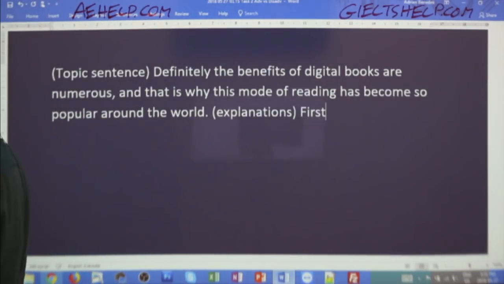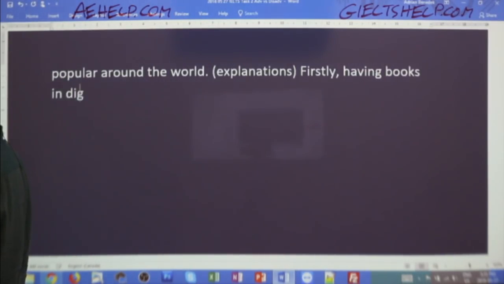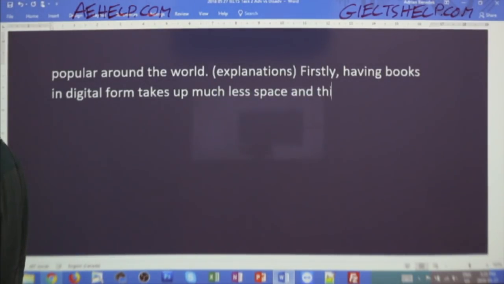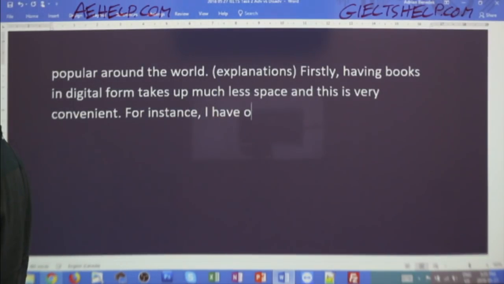So firstly, having books in digital form takes up much less space, and this is very convenient. For instance, I have over 100 books on my tablet.